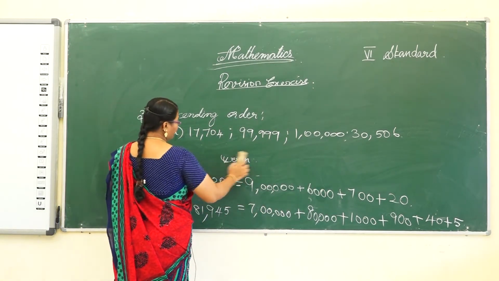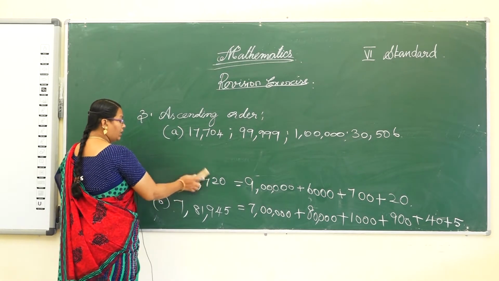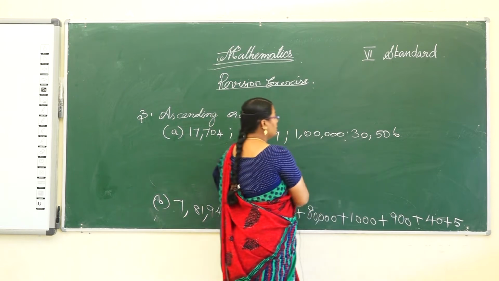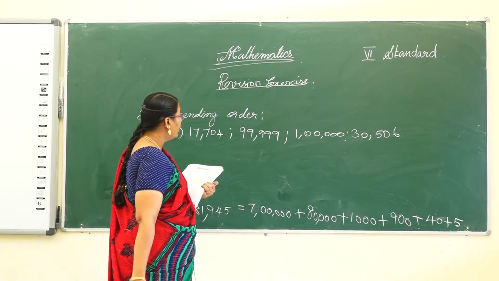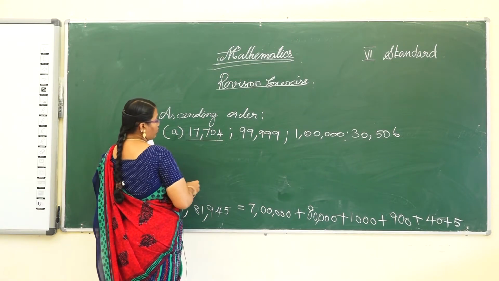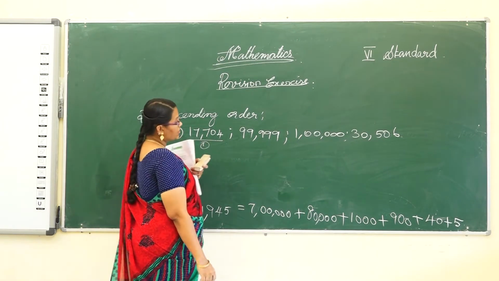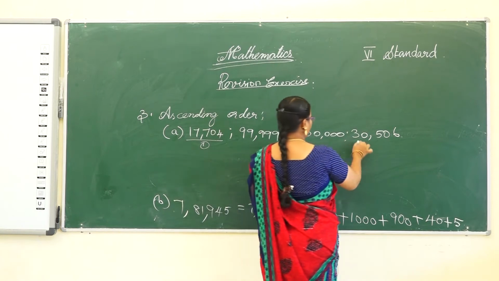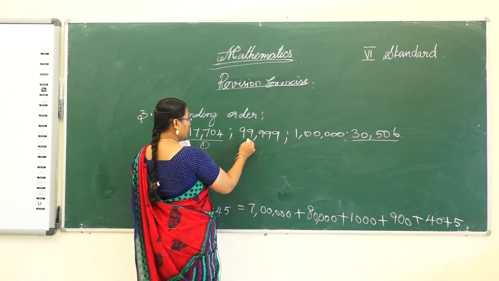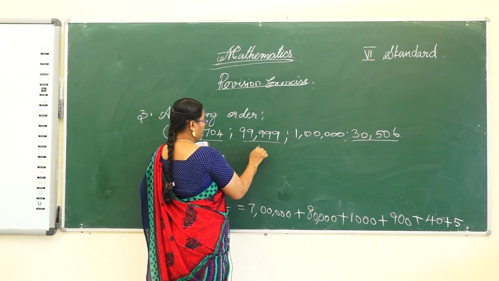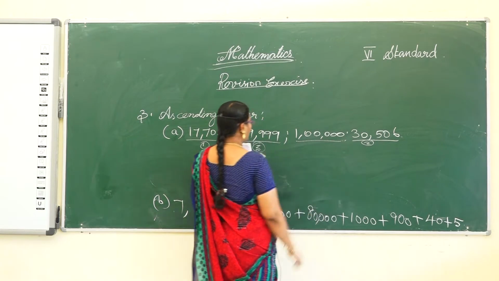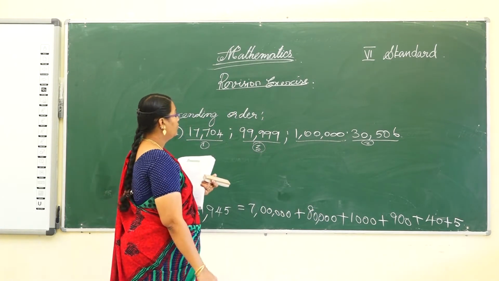So ascending order means when a number is written from smallest number to largest number. Which is smallest in here? So the smallest number is this one first. Next is the smallest one, 30,000, and next one, the final one, 1 lakh.